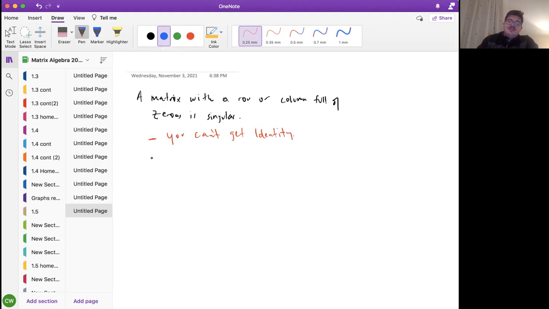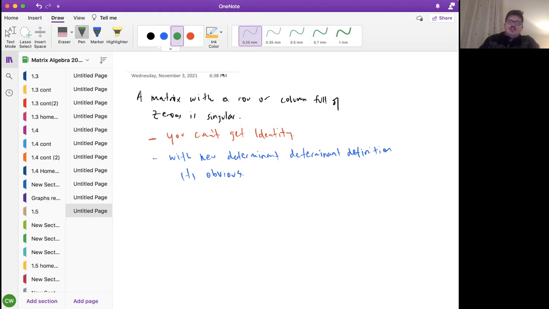Why is it obvious with this new determinant definition? Why would a row or column of zeros make it singular?